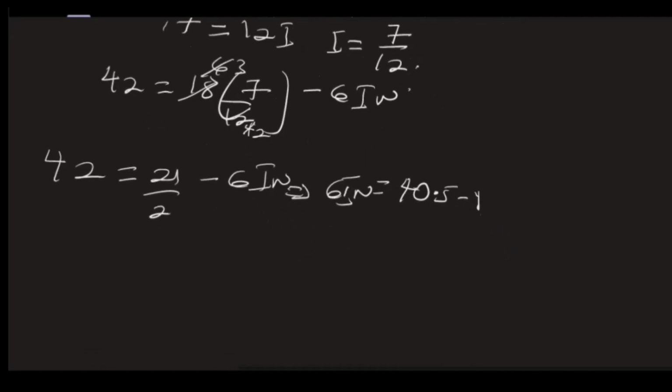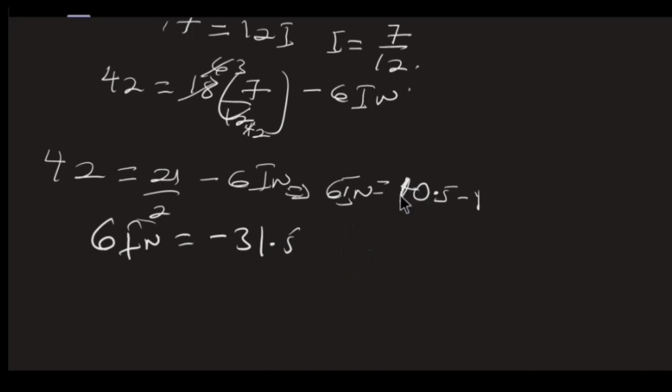So now we solve it to get our IN. If I have 10.5 minus 42, I'll get negative 31.5. So 6IN will be equal to negative 31.5.